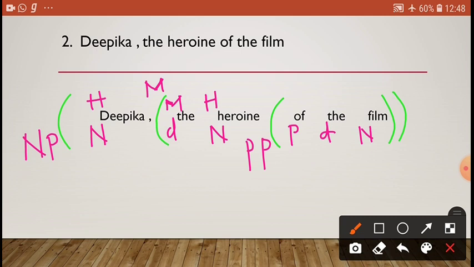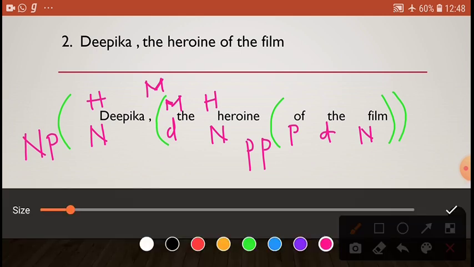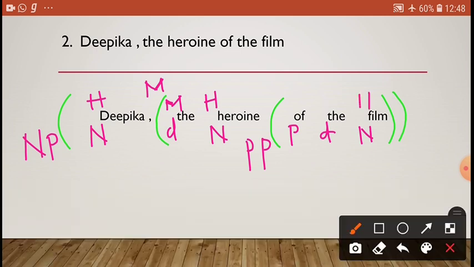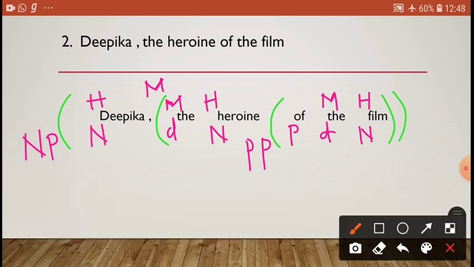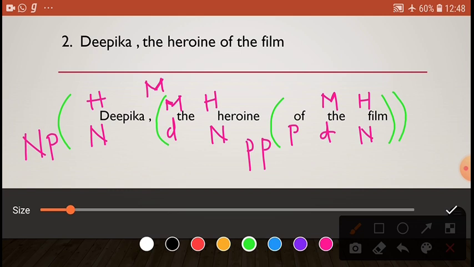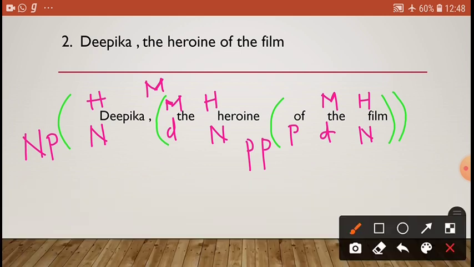In this prepositional phrase, the word film is the head word, the is modifier to the head, and of, the form of is preposition. Now, finally, this prepositional phrase functions as modifier to the head word heroine in the phrase, the heroine of the film.